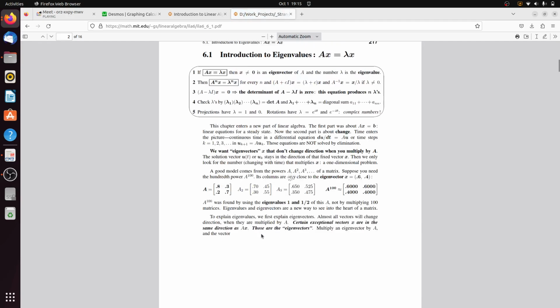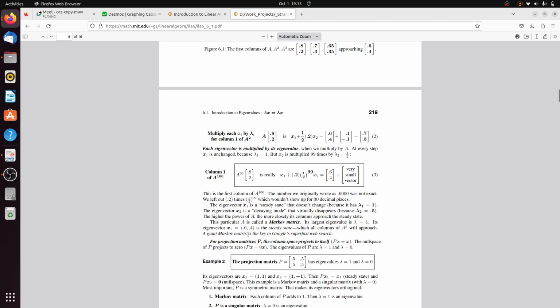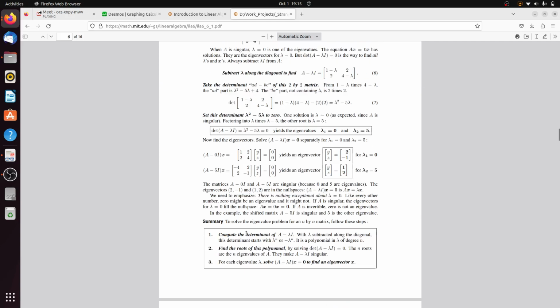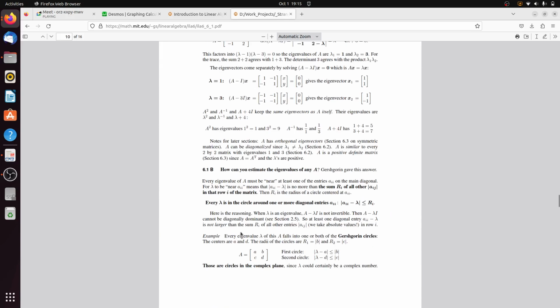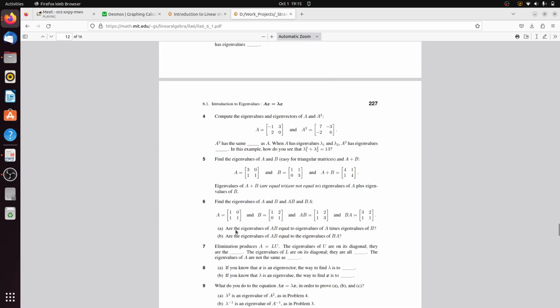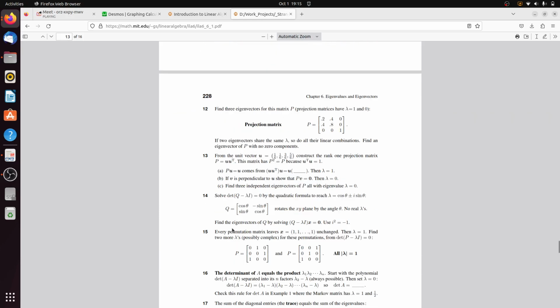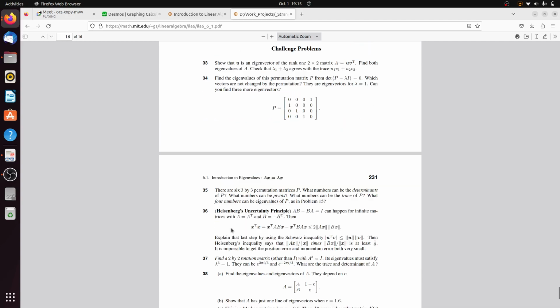In the next class I will teach you what eigenvalues and eigenvectors mean, and how to determine eigenvalues and eigenvectors, and I will try to solve problems on them.